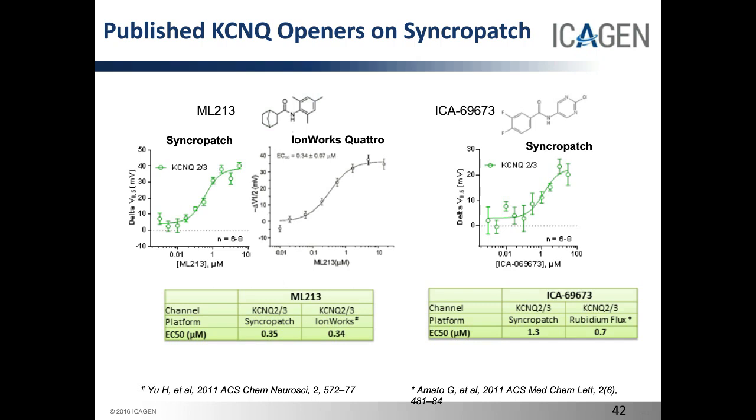And the 69673 compound, the EC50 compares favorably to the rubidium flux assay results that were also previously published, suggesting that this assay works perfectly well for identifying KCNQ openers if you're looking for the amount of shift in the activation curve when those openers are present.